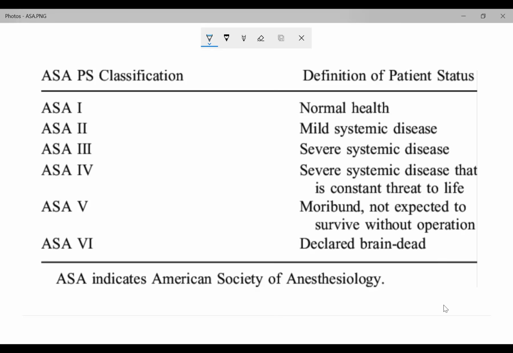Then ASA 3, severe systemic disease. This one is uncontrolled hypertension. Then ASA 4, severe systemic disease that is a constant threat to life. For example, that severe hypertension now develops stroke. We are using hypertension as an example. You see, that stroke is a constant threat to life.